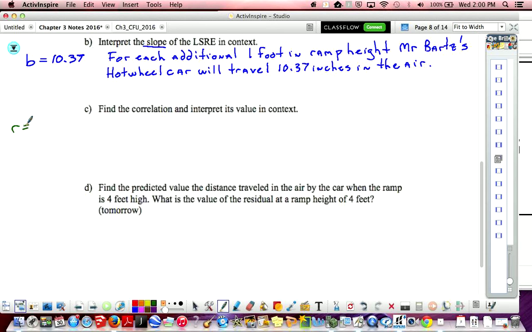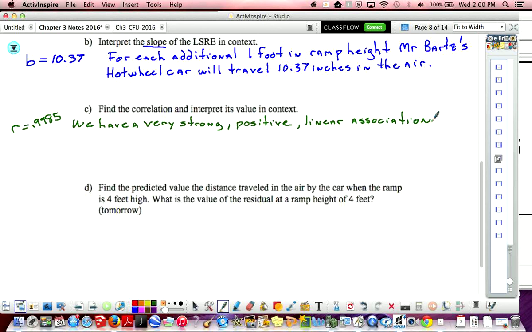Wow. Is that pretty darn close to 1? That's probably the best one we've seen, isn't it? So what does that mean? What words should I use for strength? Moderately weak. Strong. Very weak. How about very strong? We have a very strong positive linear association.